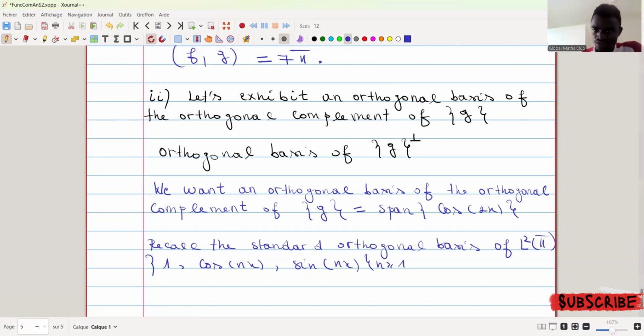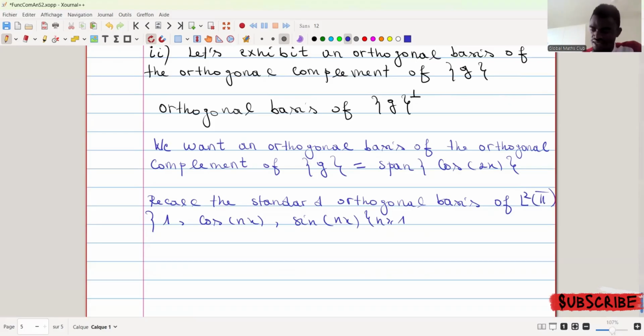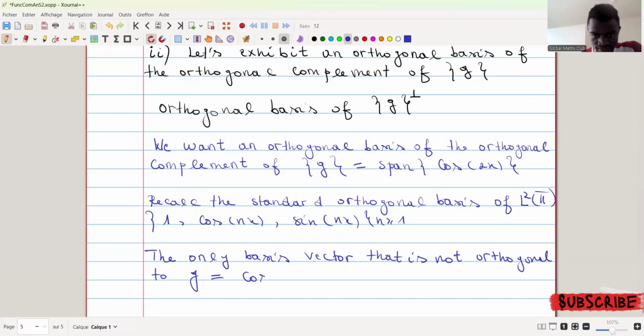As you can see, this one is the standard orthogonal basis of this. The only basis vector that is not orthogonal to J equal to cosine 2x is cosine 2x itself.